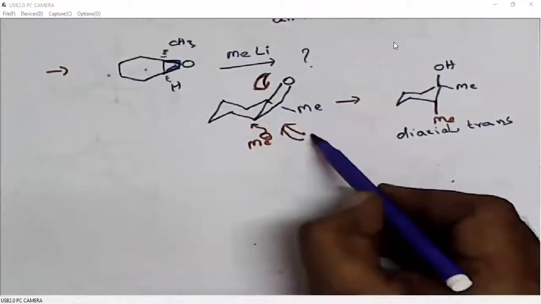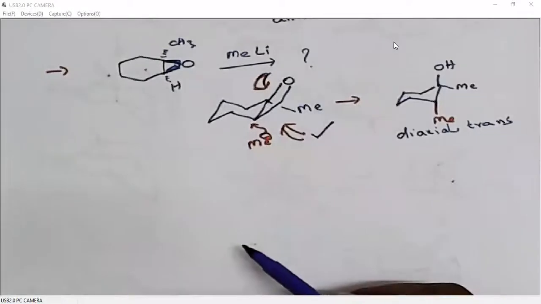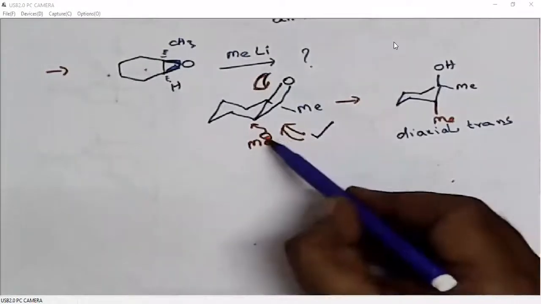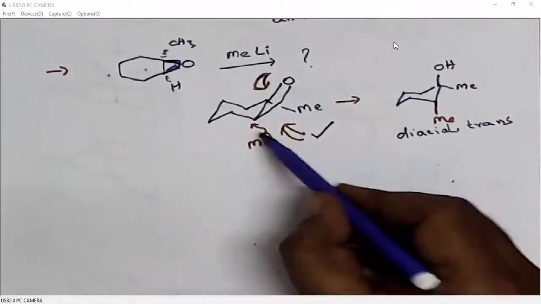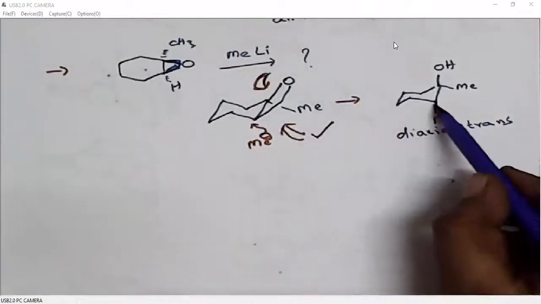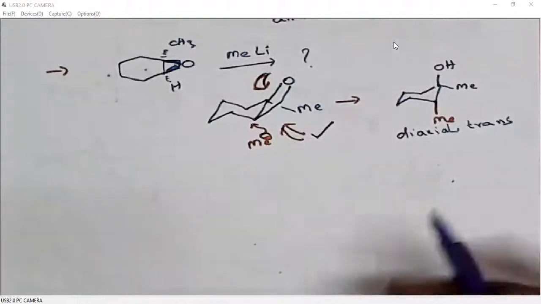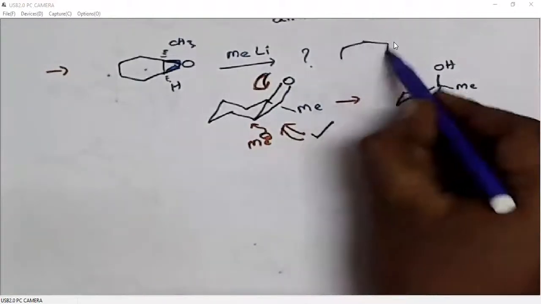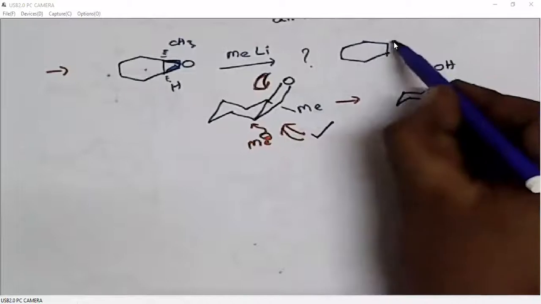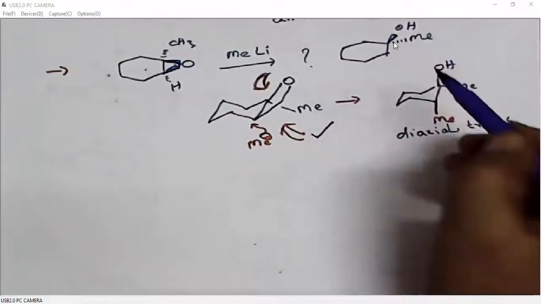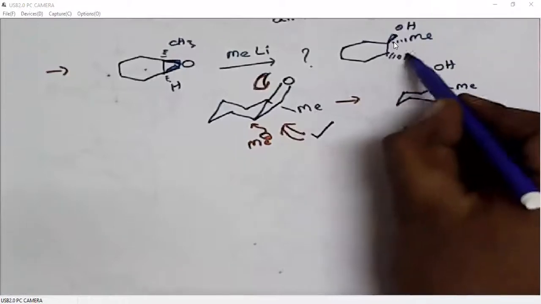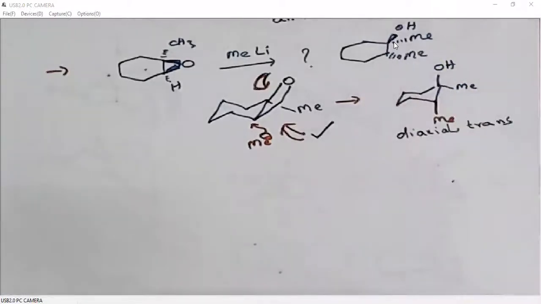So approach from this side is easy. When the methyl anion is approaching this epoxide, the product should be diaxial and trans. So when we convert it into planar form, it will be beta alcohol, alpha methyl group, and here also it is an alpha methyl group.